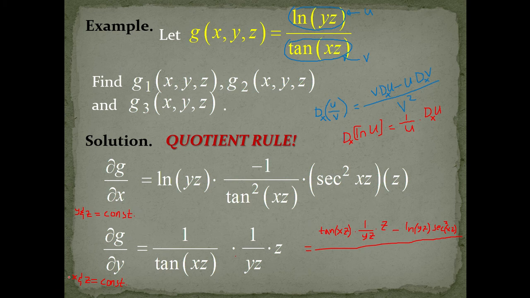Take note that x and z are constant, so the derivative of xz is equal to 0, so the whole thing here is times 0. So this is 0, then divided by tangent xz squared.